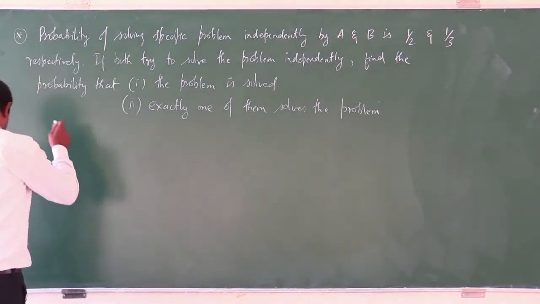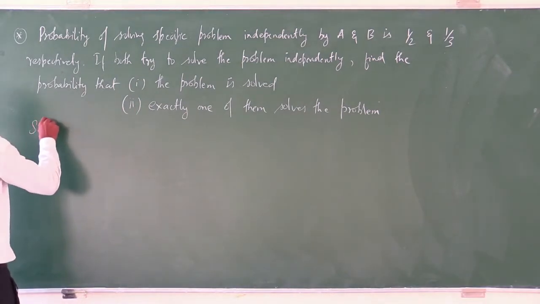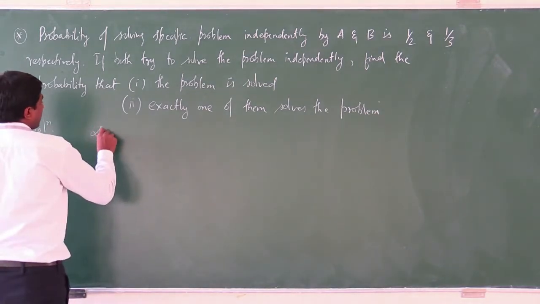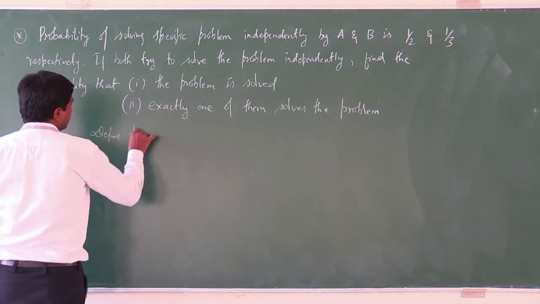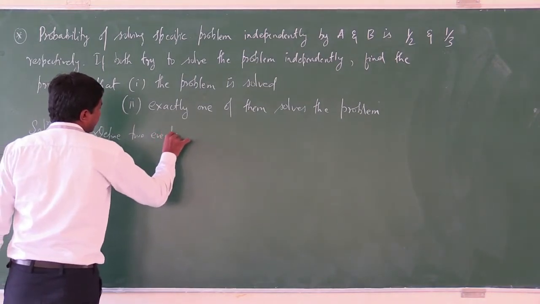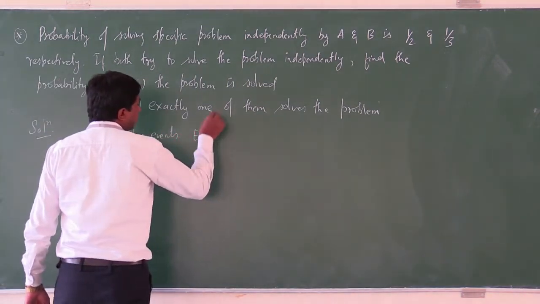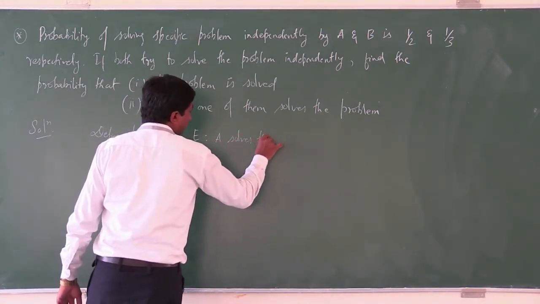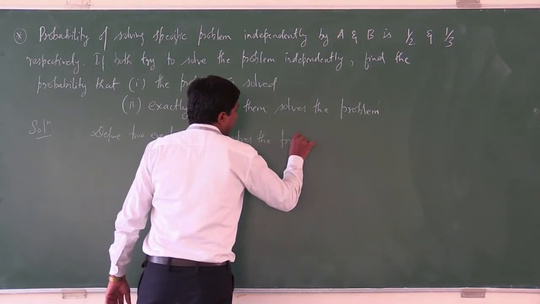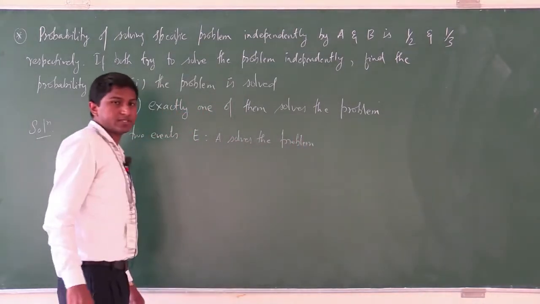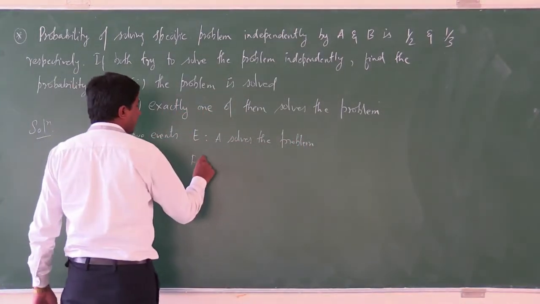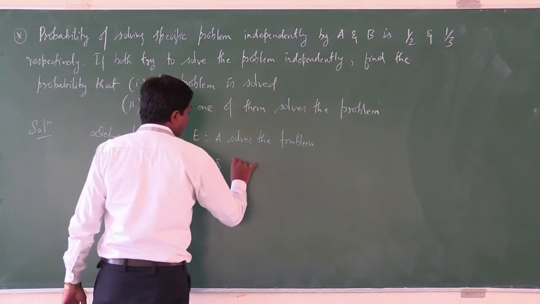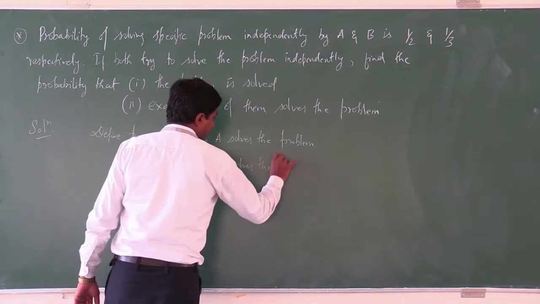Now I'm going to start the solution like this. We will define two events. Event E, I will define as A solves the problem, and event F, I will define as capital B solves the problem.